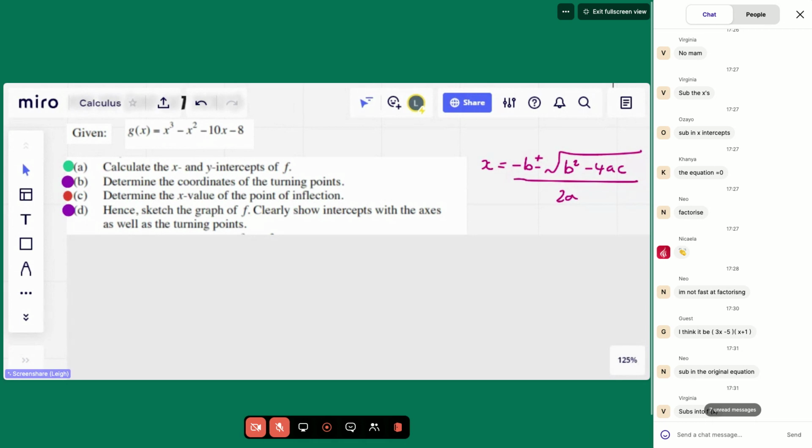Okay, so I'm just checking, I'm not trying to be irritating, just checking, has anybody managed to do the X and Y intercepts yet? If you can give me a thumbs up. Well done, Neo. Lovely.